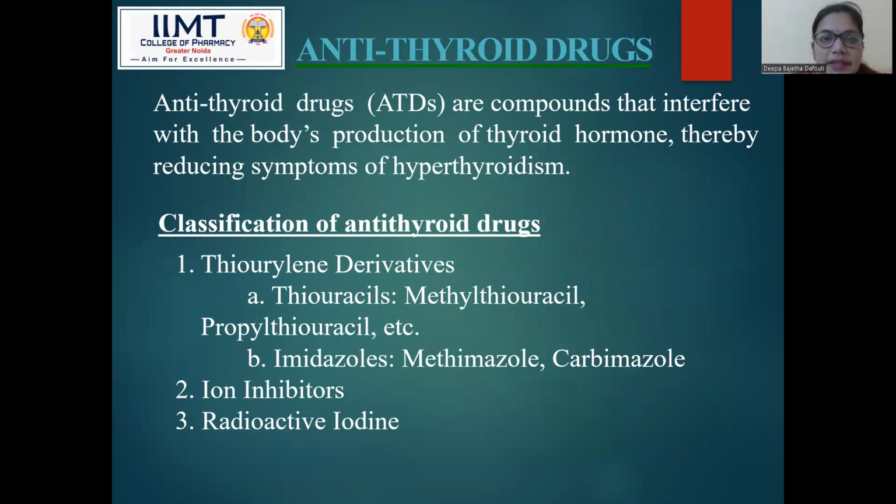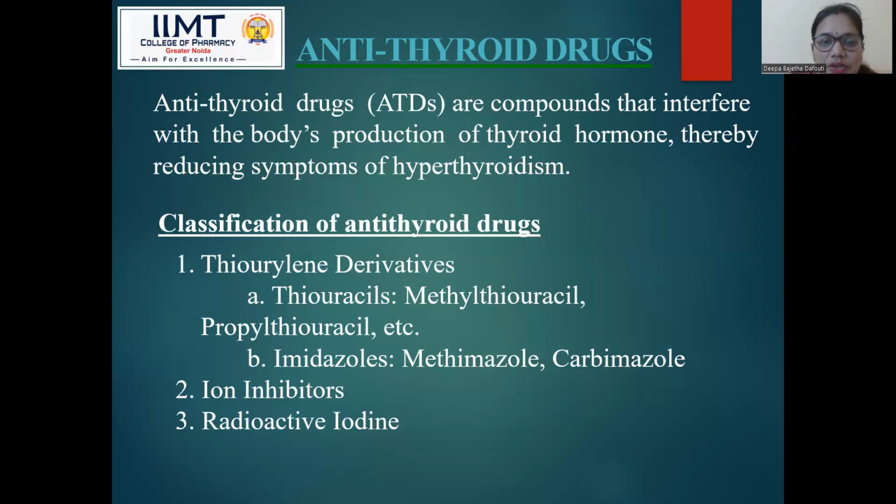So next is anti-thyroid drugs. Anti means against. So anti-thyroid drugs are mainly compounds that interfere with the body's production of thyroid hormone, thereby reducing symptoms of hyperthyroidism. These drugs are used to prevent the excess production of thyroid hormone in our body. So with the help of these anti-thyroid drugs, we can prevent the disorder of hyperthyroidism.